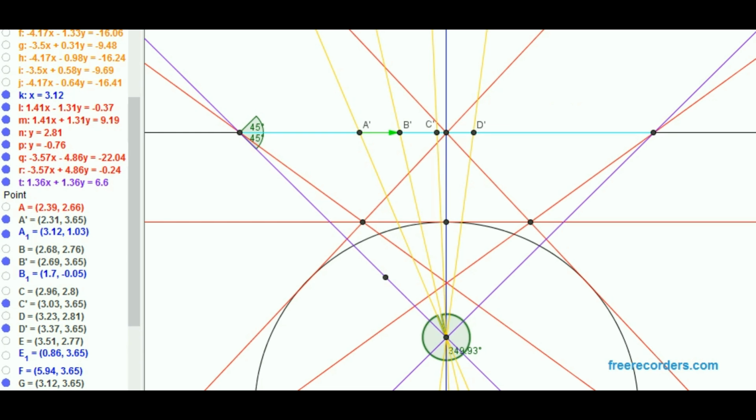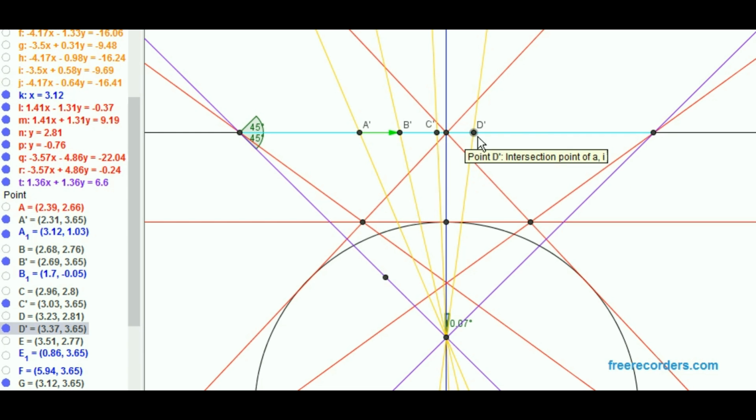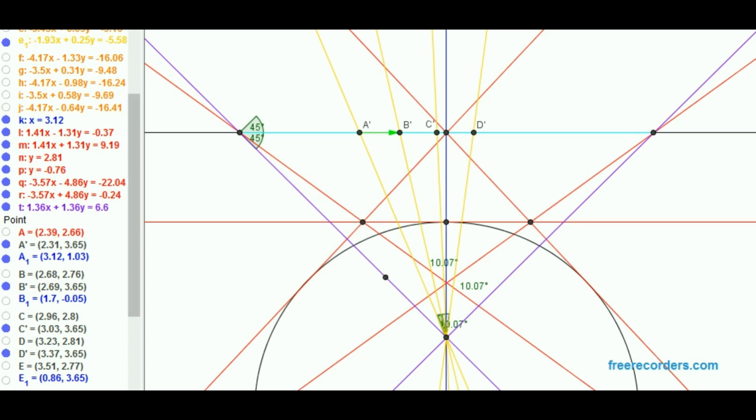Okay, we want to measure the angle the other way around. 10.07 degrees, 10.07 degrees, and 10.07 degrees.